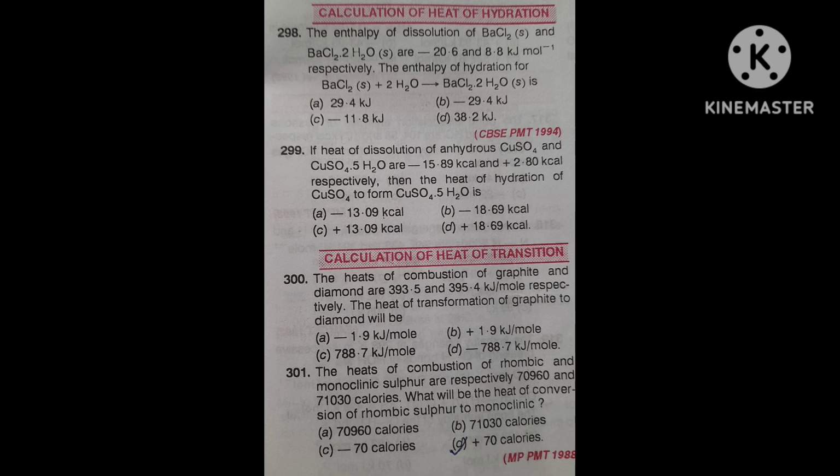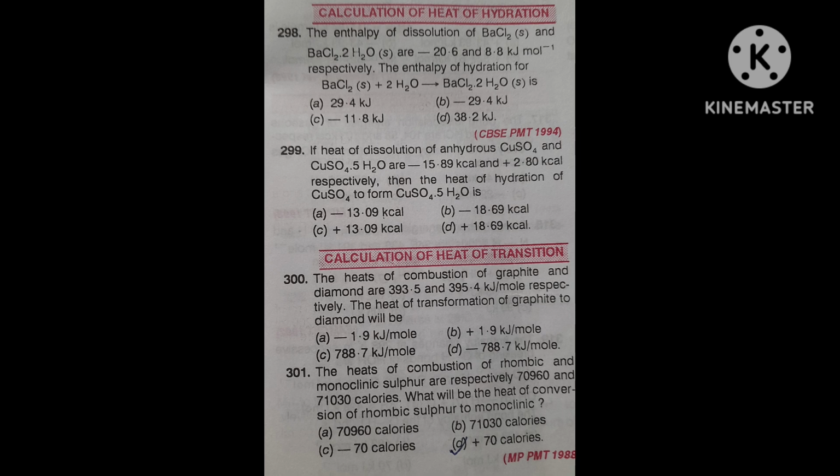Then this barium chloride 2H2O, you are adding more water, then it becomes solution, barium chloride aqueous. This value is delta H2. Including these 2 steps, that is equal to the first step value. After that you put delta H2, the second equation value 8.8, and you will get delta H1.